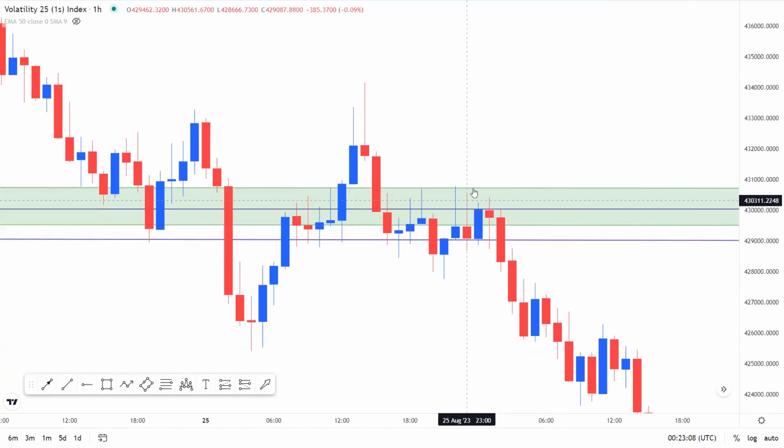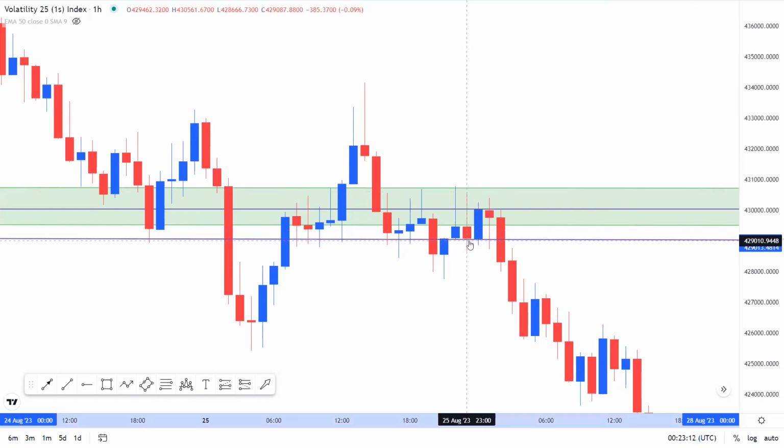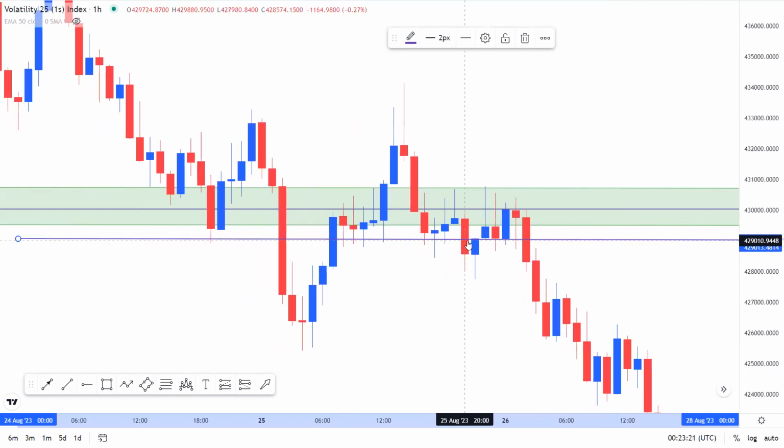Now this right here is the close I just identified from the daily time frame that led to the break of the daily 4 days range. This is it. This is that close.